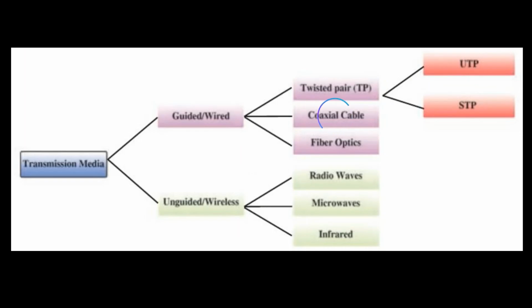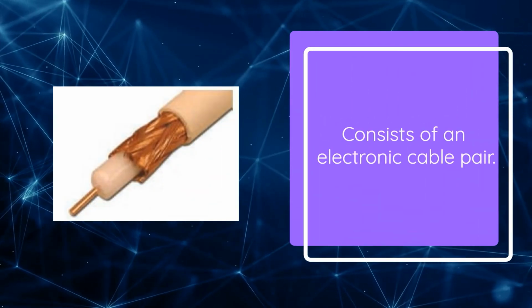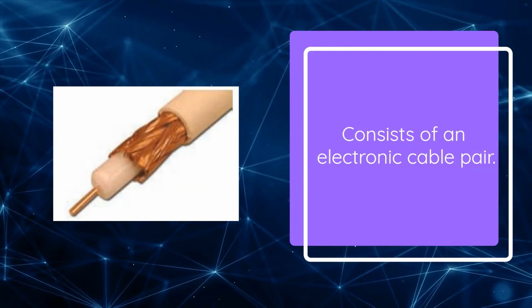Let's learn about the second category of guided or wired media now, and that is coaxial cable. As you can see in the picture, coaxial cable consists of an electronic cable pair.